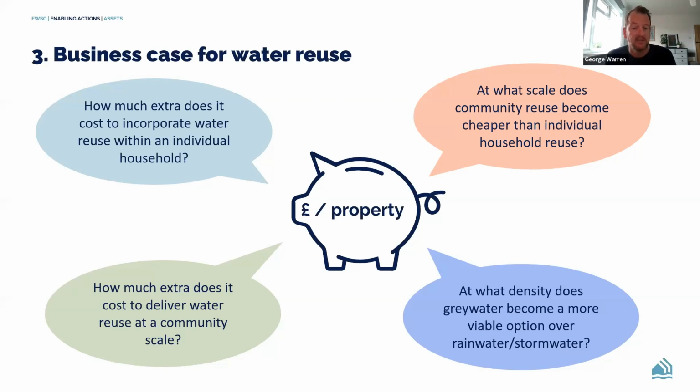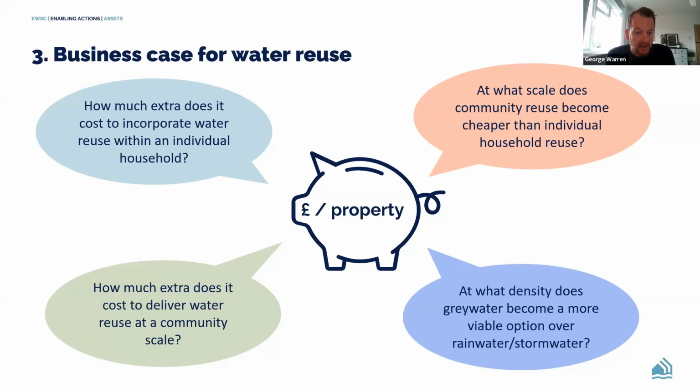How much, and looking at the additional cost, noting that if we want to be putting policies in place, such as an 80 litre per person per day policy in a local plan, that is ostensibly asking for water reuse to be incorporated. So what is that additional cost, the additional financial burden placed on the developer at that point?